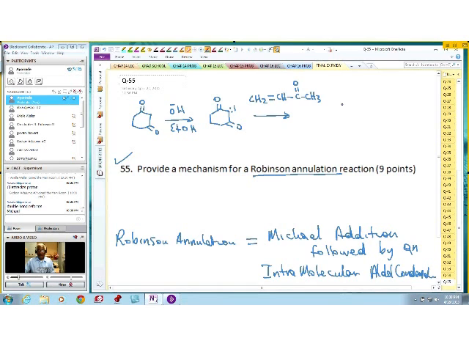So that gives me this. This comes here, and this electron goes to this alpha carbon. So that gives us this, and then we have this.